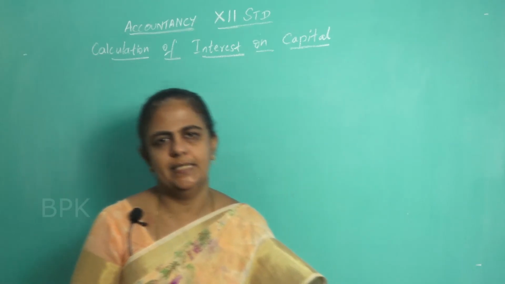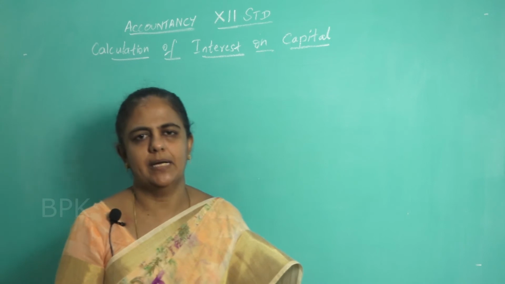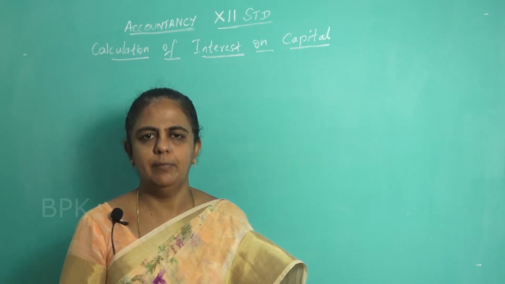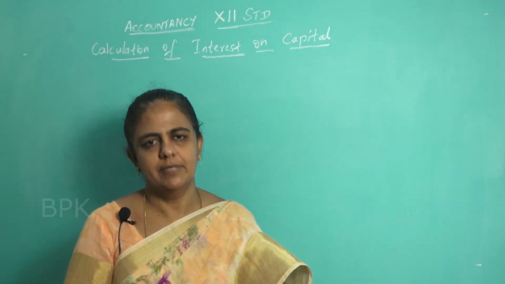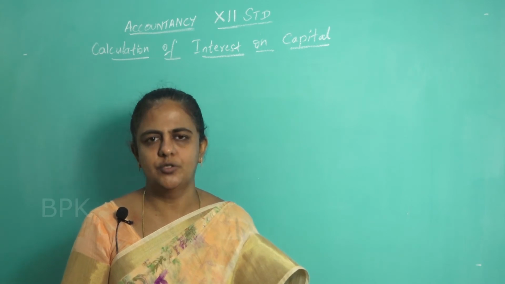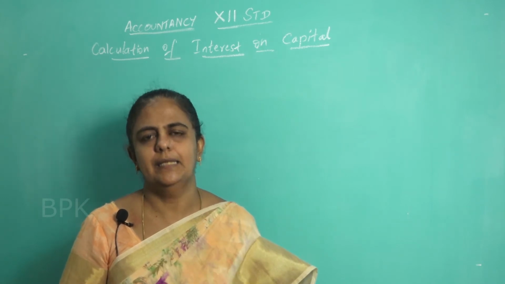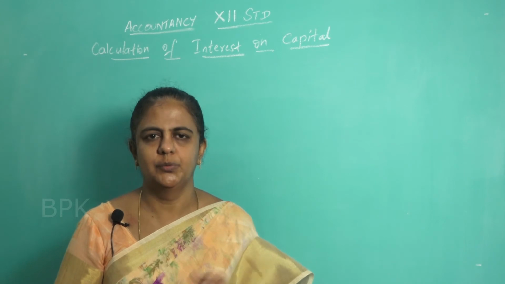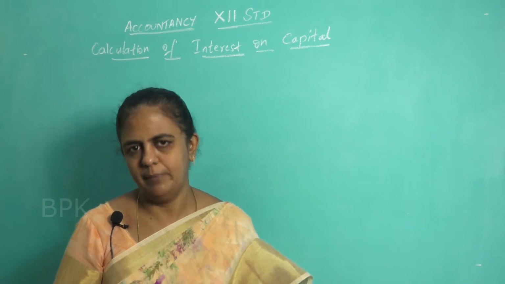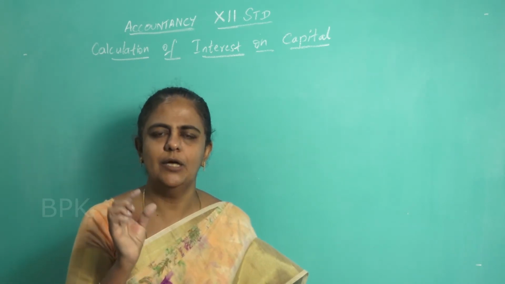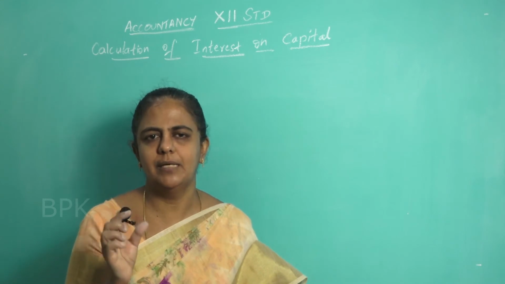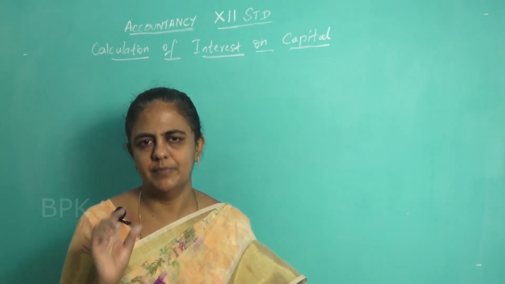Now in this question we see that two partners are there, Prakash and Supriya. They are doing partnership business. They have invested capital and also they are introducing additional capital. So how do you calculate this interest on capital? First you take the opening capital, that is the capital at the beginning, how much they have invested in the business.